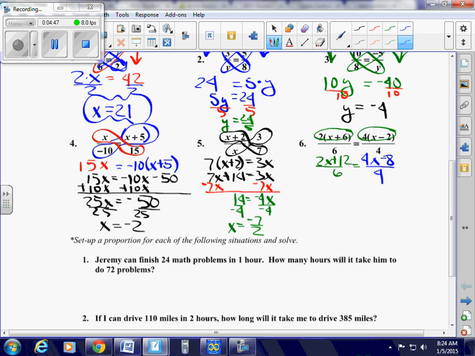Now, let me show you what a lot of students will do to try to solve this, and you would think it would make sense, but in actuality it doesn't. Here's the mistake I see, so don't write this one down. The mistake I see most often here is that we're going to want to multiply by 6 in order to cancel that out.